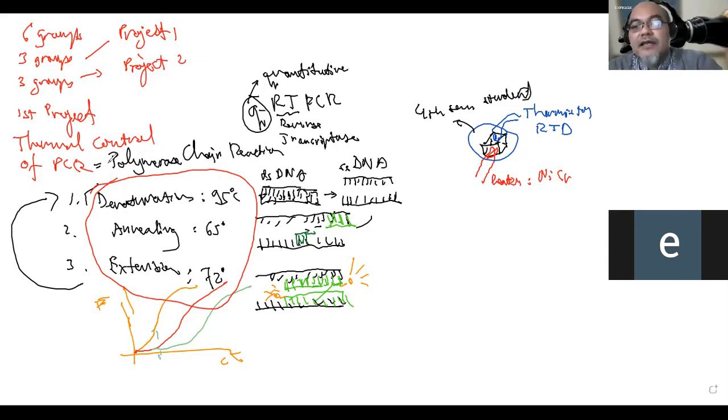After that, go back again to 95 degrees, then 65 and 72, all in cycles. No need to put actual DNA yet, because the emphasis here is on the electrical circuit and programming the control system, because the course is electrical engineering. Semester 4 is in the sensor and measurement course, so their focus will be on the development of the chamber and the sensor as well as the heater.